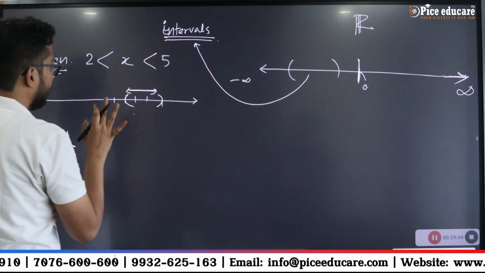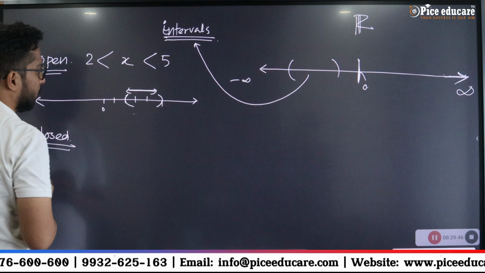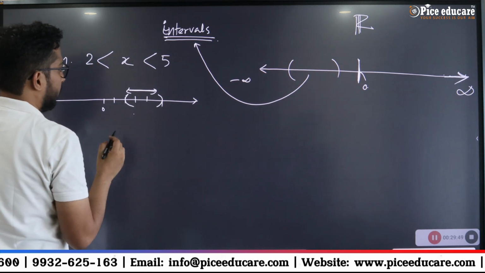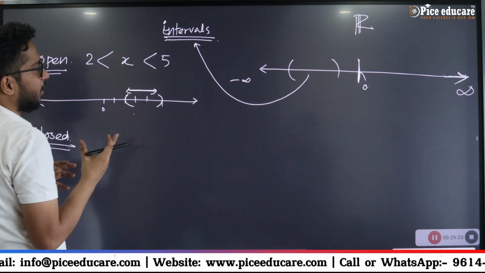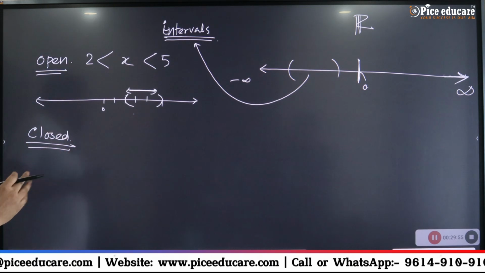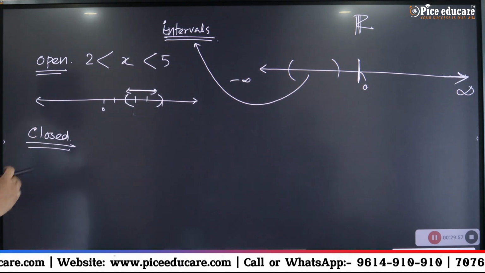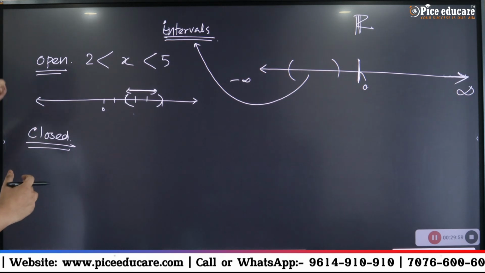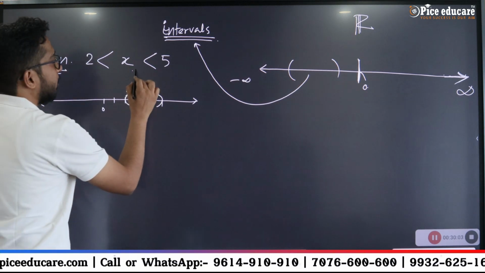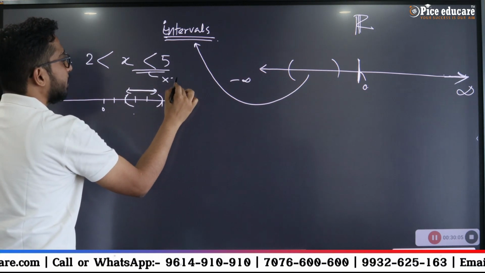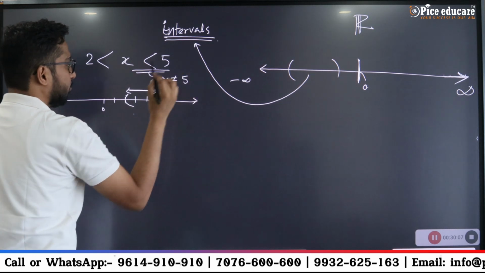Now, why is it called open? Because there is no boundary. You may think that 5 is the boundary, but 5 is not the boundary, because x strictly less than 5 inherently means that x can't be 5.